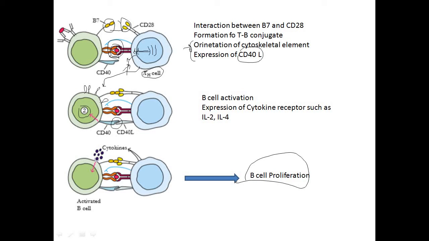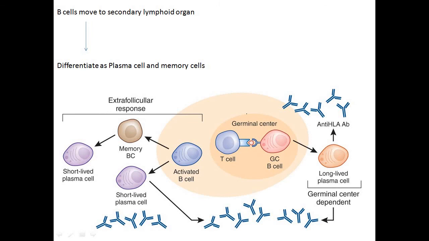Okay, so once this B cell's cytokine receptor binds the cytokines, they will start proliferating and move towards the secondary lymphoid organ such as the lymph node. Inside this lymph node, they will divide and differentiate into two different cells, the plasma cell as well as the memory cell.